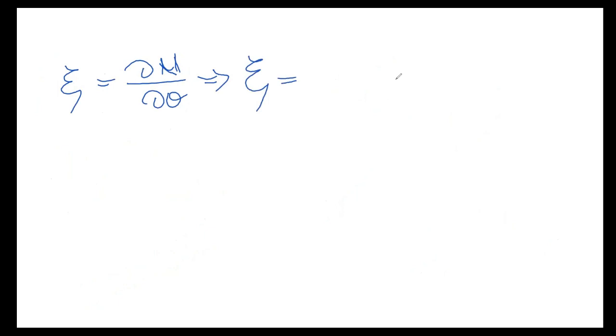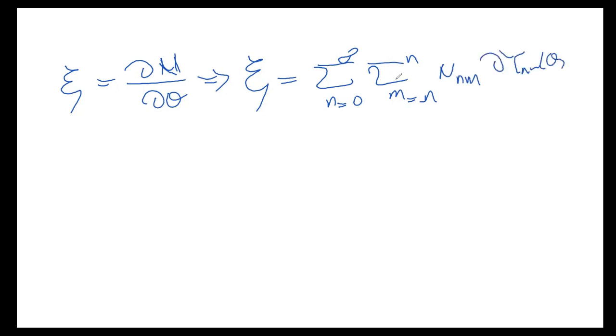Xi is the summation, with m from minus n to n, of the derivative with respect to theta of the spherical harmonics of the geoid here.